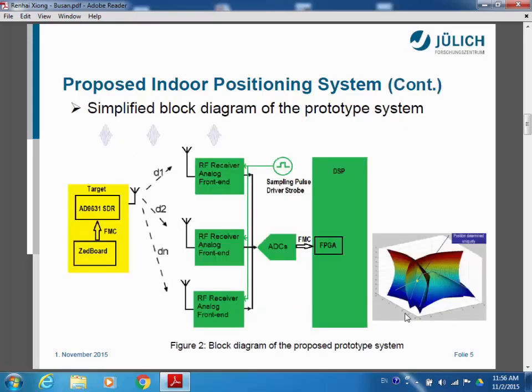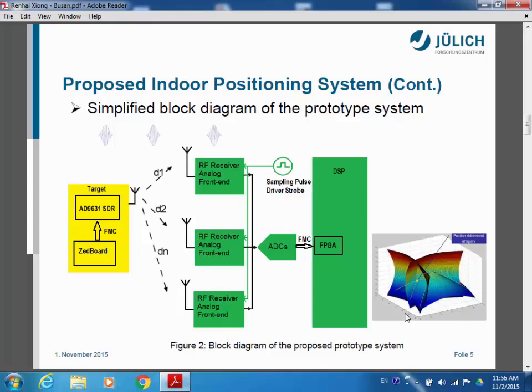The simplified block diagram of this system looks like this: there would be one or multiple transmitters on the left side, the yellow one, which is an SDR platform. On the receiver side, there are multiple receivers. A minimum of 4 receivers is required to determine a 3-dimensional position of the transmitter.